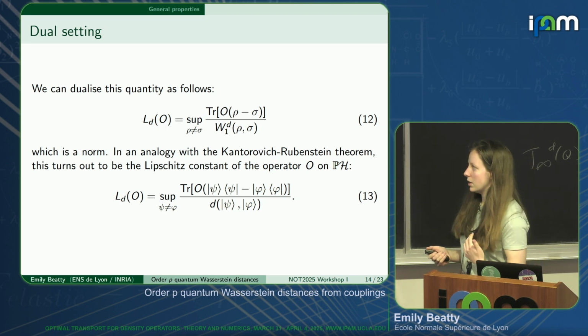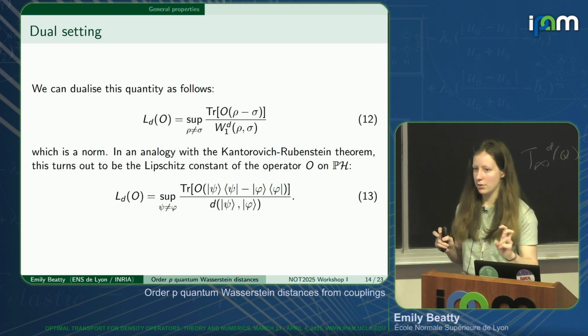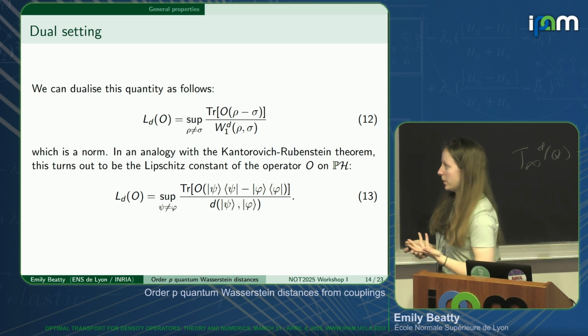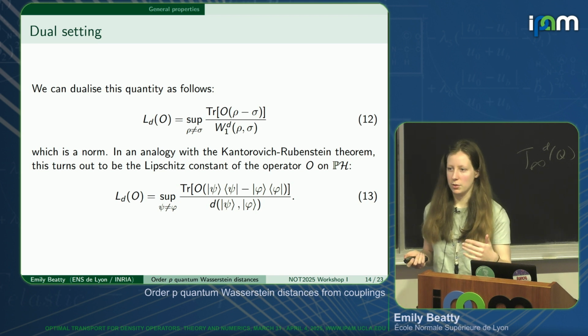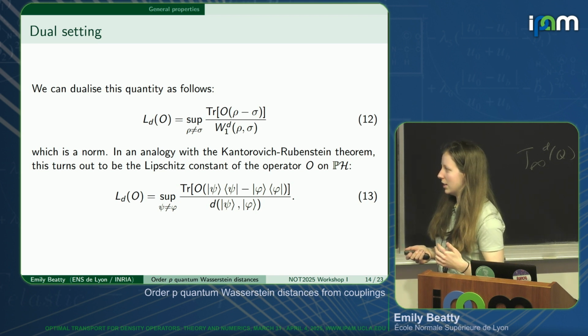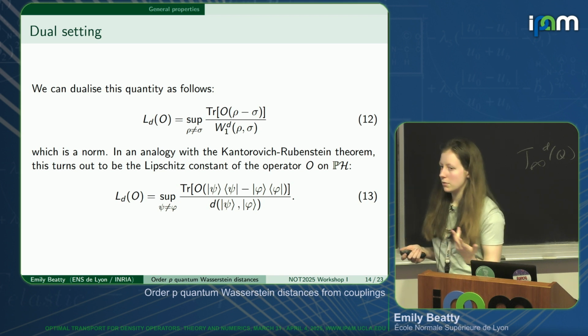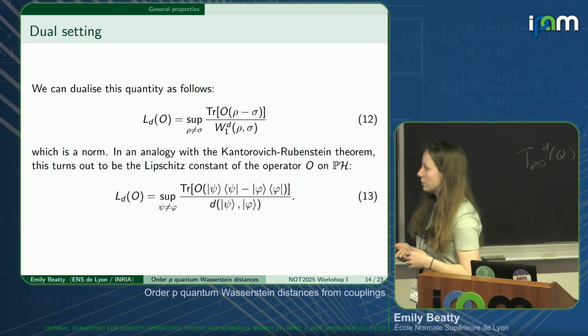So dualizing our construction exactly gives you what you would define as a natural Lipschitz constant of an operator on your state space, which is a nice way of showing that this is exactly an analogy of what you get in the classical setting. So this shows that this is a very naturally motivated construction.